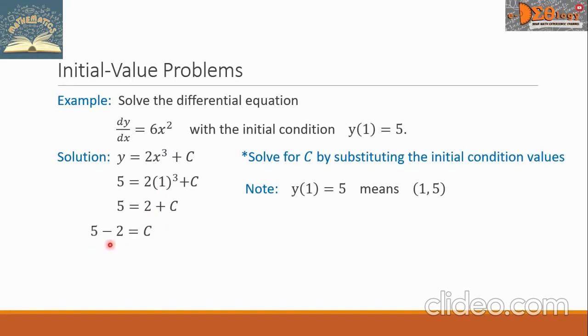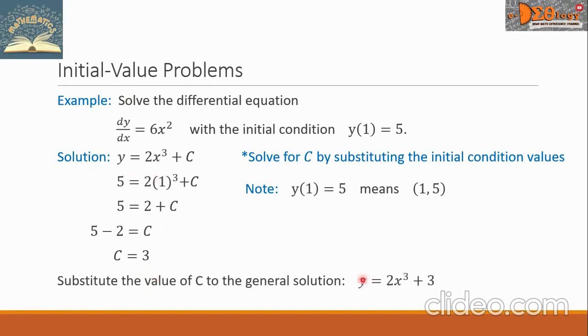So we have 5 minus 2 equals c, and the value of c equals positive 3. Now let us substitute the value of c to the general solution. So we have now this y equals 2x cubed plus the c here becomes 3. This is now our final answer.